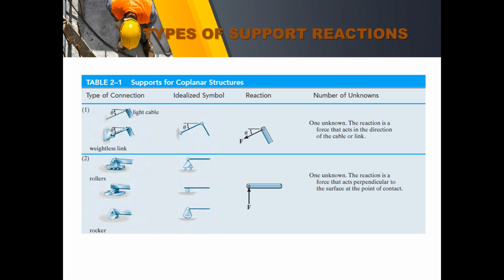Of course, there is a restraining axis, okay, and a free axis for the reaction. So meaning one of the axes will be freely moving, okay. So the reaction is a force that acts perpendicular to the surface at the point of contact.